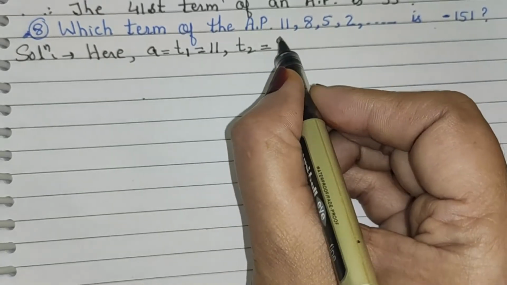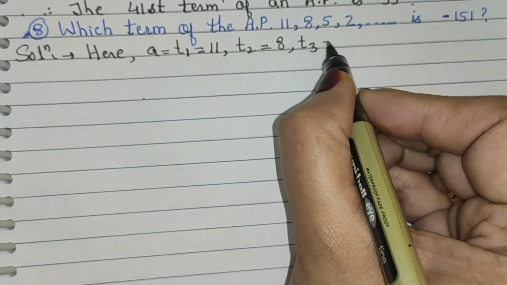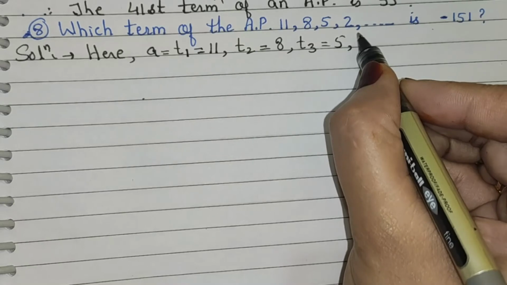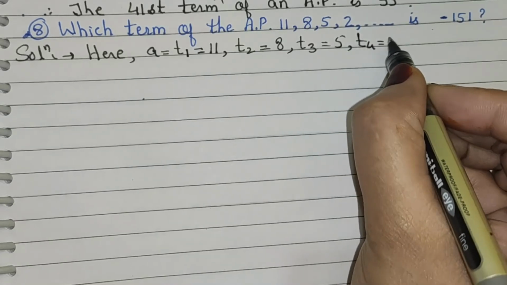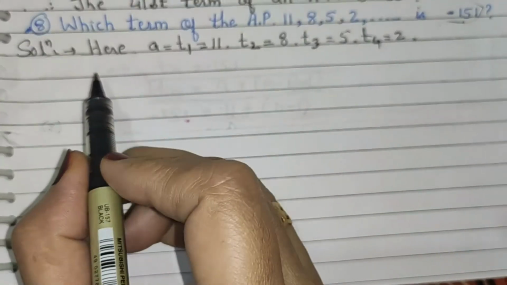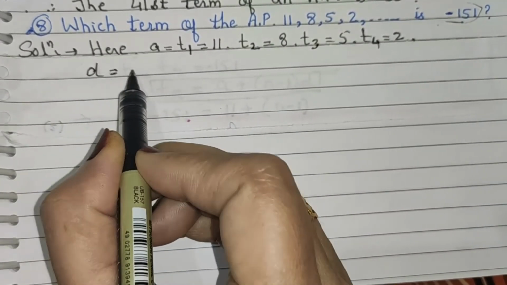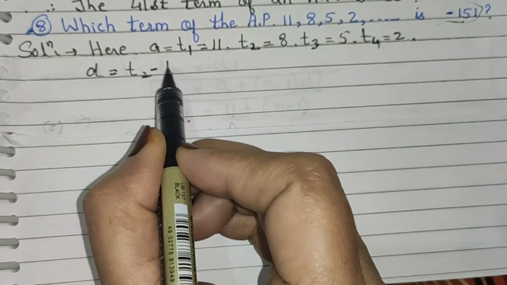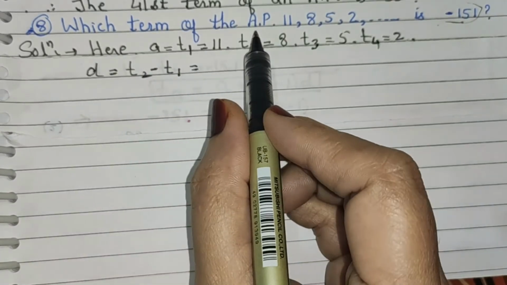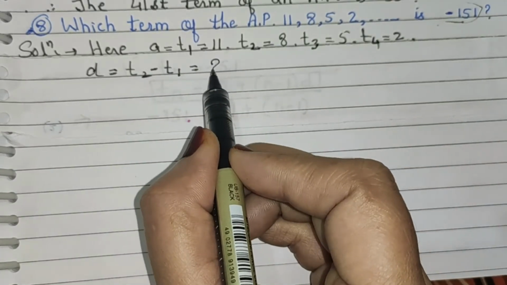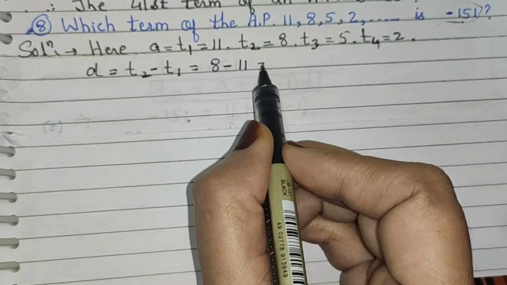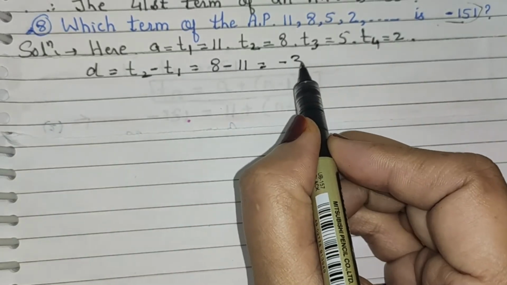Second term 8. Third term 5. Fourth term is 2. And the value of D is equal to T2 minus T1. It is an AP. Therefore 8 minus 11, we get here minus 3.